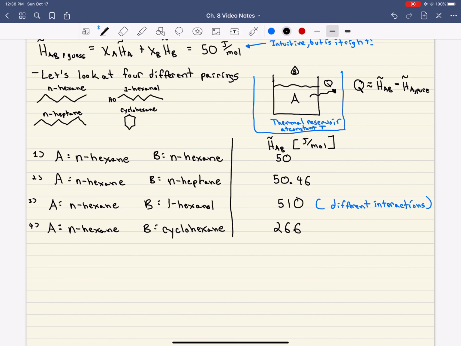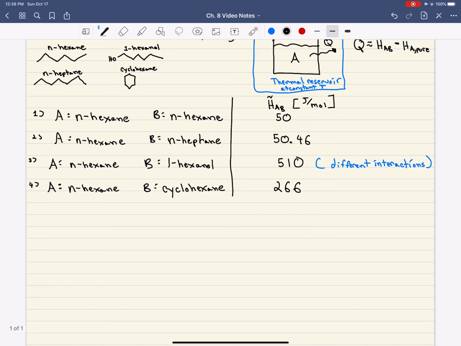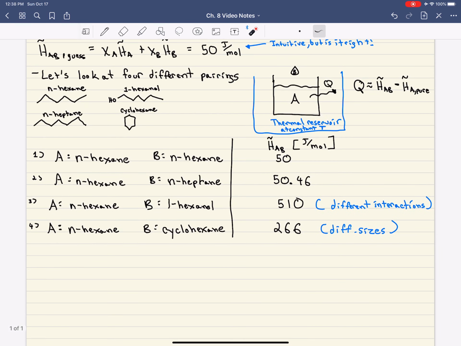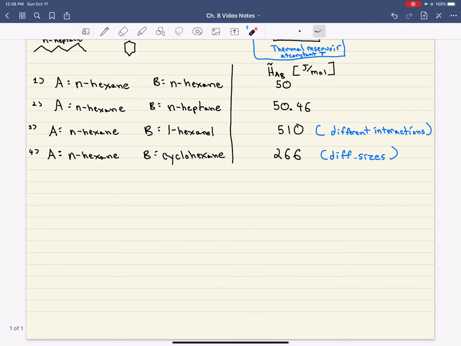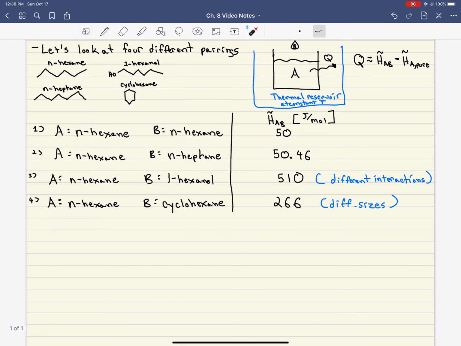Due to the fact that the molecules have very different sizes, this leads to a lot of heat being released from the solution, and the final molar enthalpy of the solution being much higher.